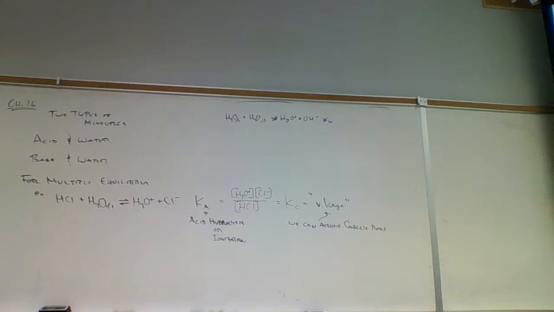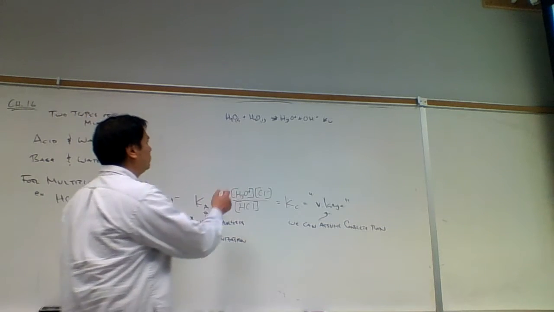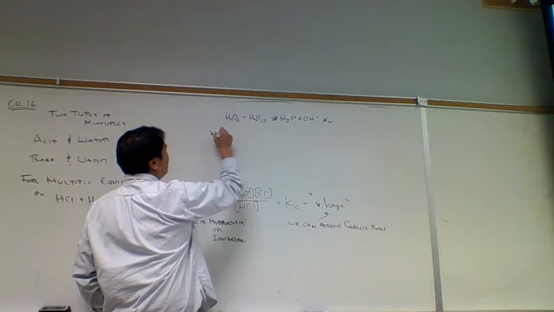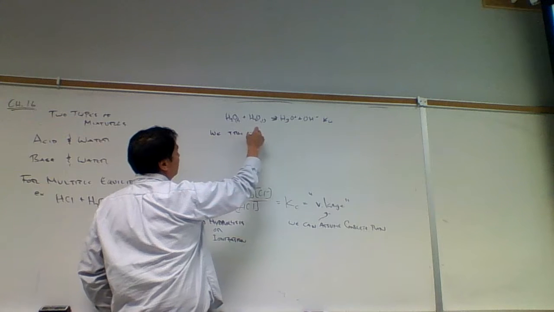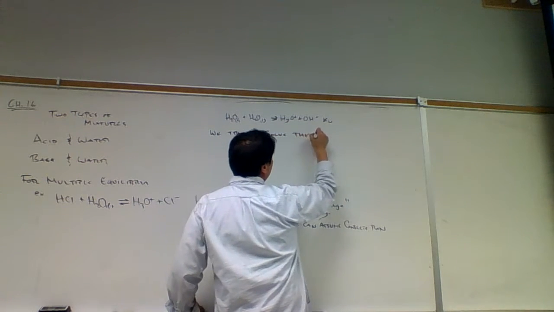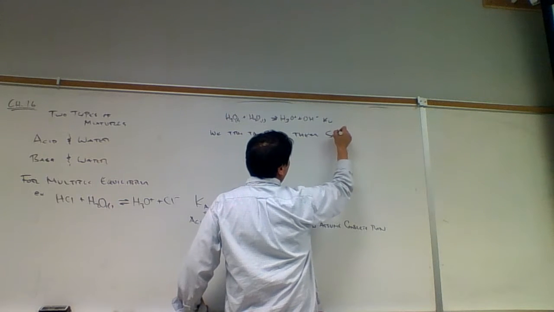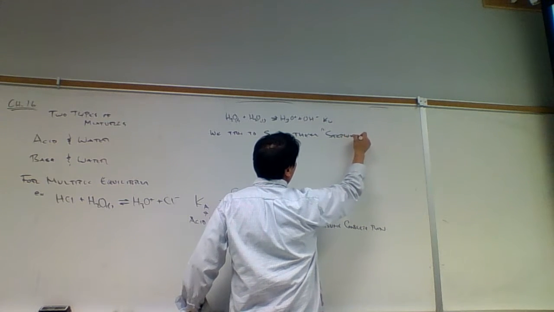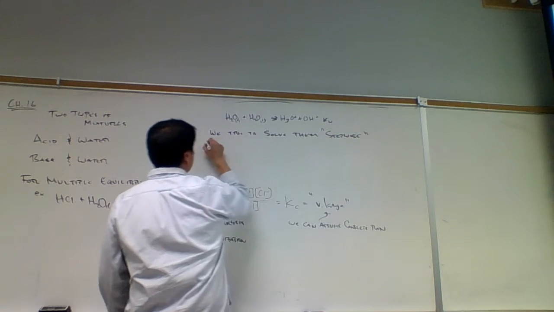But we're going to do it differently now. All the problems in chapter 16, for multiple equilibria, what we do is we try to solve them stepwise, starting with the largest K.